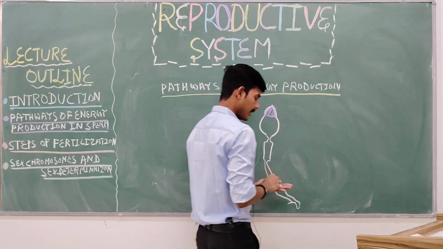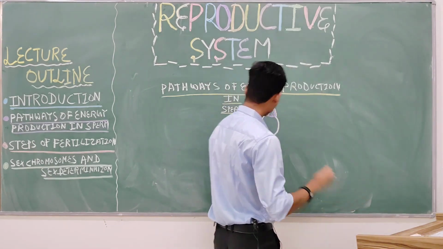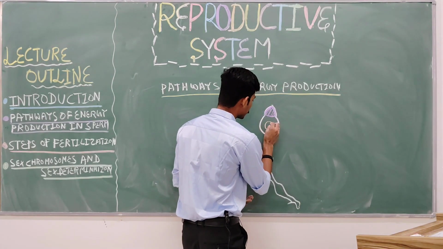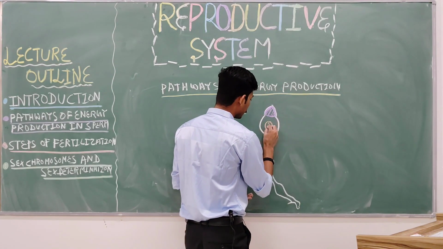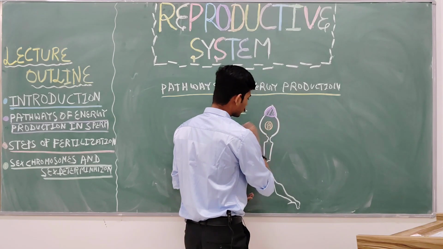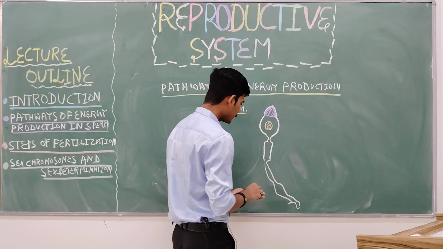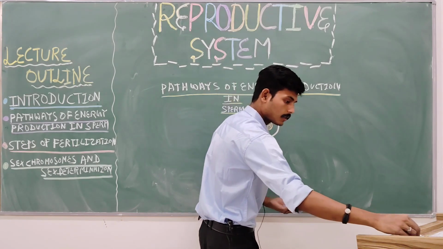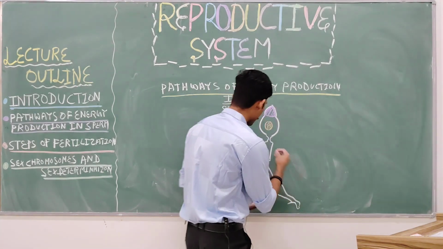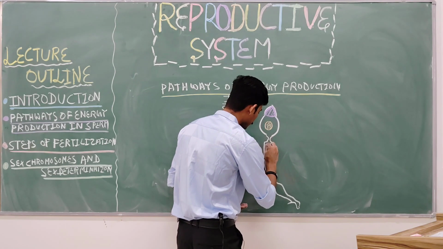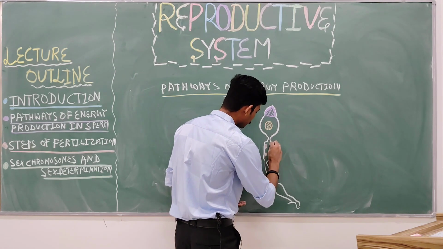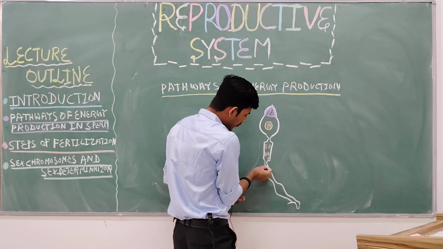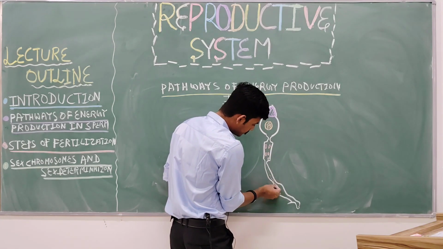Here is your nucleus, surrounded by the nuclear membrane. Then the body possesses plenty of mitochondria, you know it. And this is the tail.